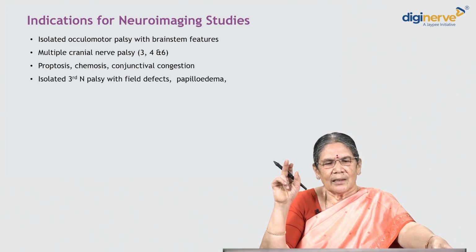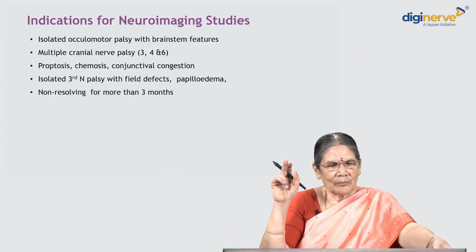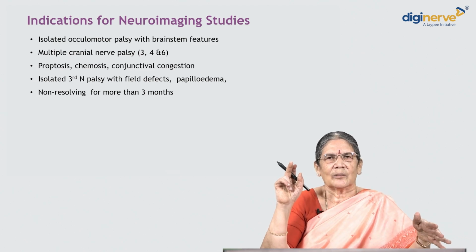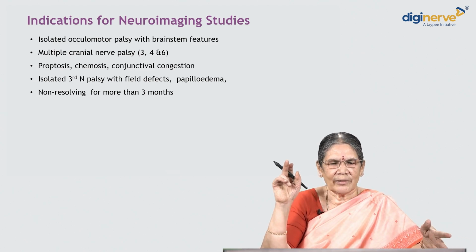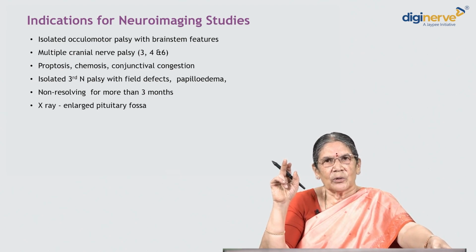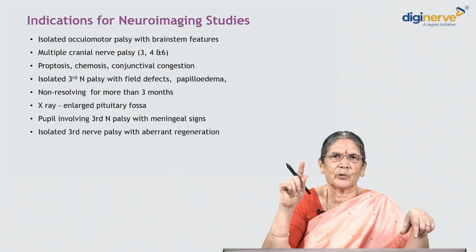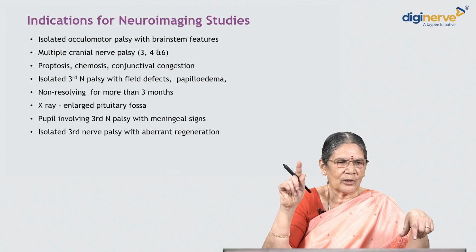Third nerve palsy associated with field defects or a papilledema, or if the third nerve palsy is not resolving in 3 months time, or X-ray showing an enlarged pituitary fossa, or a pupillary involvement with meningeal signs or aberrant regenerations. In all these cases a neuroimaging study should be done to rule out the possibility of a space occupying lesion or any other pathology.